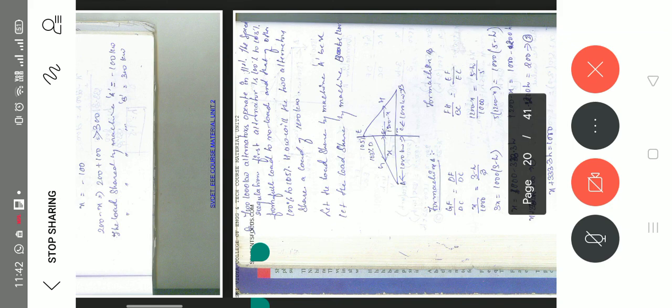How will the two alternators share the load of 1000 kilowatts? All of you solve this problem, then it will be clear. I will share the material also.